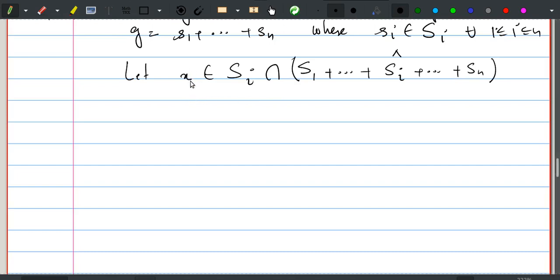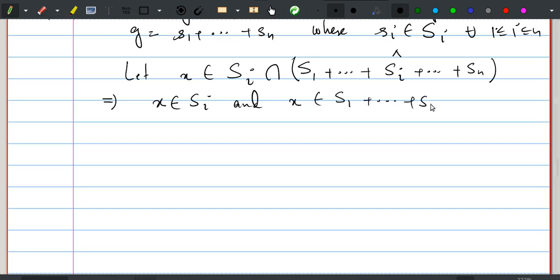That means, note that here this Si is omitted. This is a sum S1 through Si minus 1 plus Si plus 1 to Sn. So this implies x belongs to Si and x belongs to S1 plus so on plus Si-hat plus Sn plus so on.